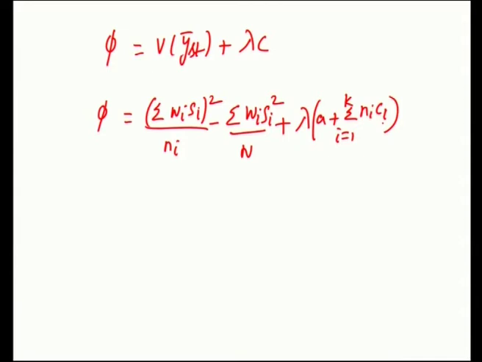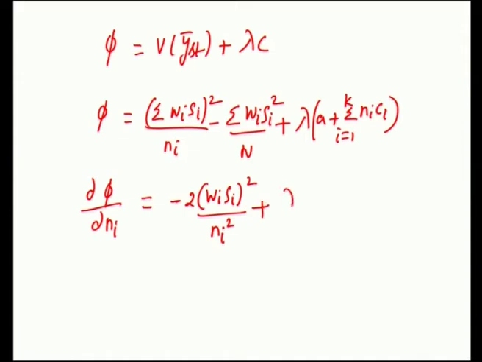Using the calculus method of Lagrange's multipliers, we select Ni and the constant lambda to minimize phi. So, differentiating with respect to Ni, we get dou phi by dou Ni, this is equivalent to minus twice Wi Si the whole squared by Ni squared plus lambda Ci is equal to 0, and here i ranges from 1 to k, since we have k strata.